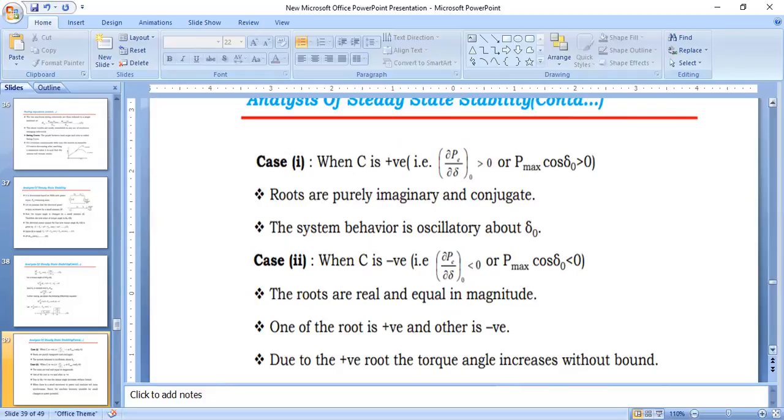The system behaves oscillatory about delta 0. Case 2: when c is negative, that is dou P by dou delta less than 0, or P maximum cos delta 0 is less than 0, the roots are real and equal in magnitude. One of the roots is positive and the other is negative. Due to the positive root, the torque angle increases without bound.